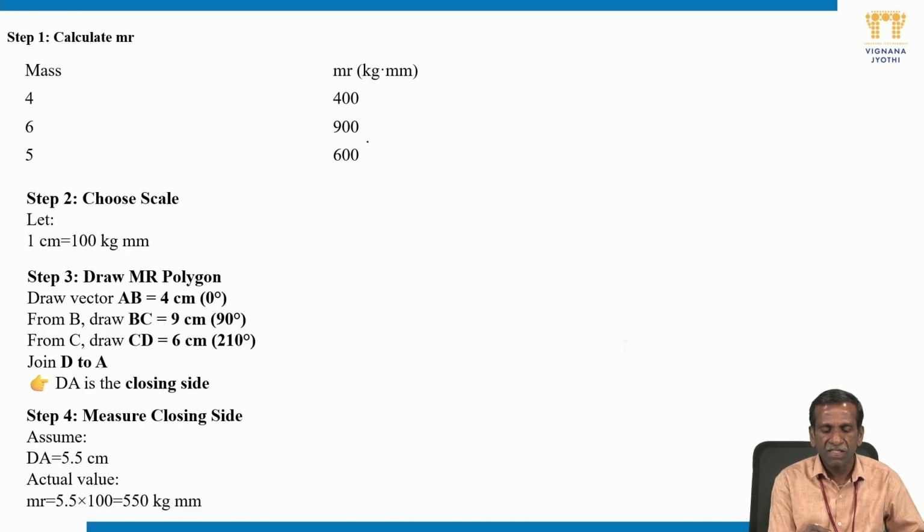The second mass 6 kg gives 900 kg mm, and the third mass gives 600 kg mm, the corresponding force of that mass. Then for the MR vector diagram, you choose a convenient scale. Here 1 centimeter equal to 100 kg mm is convenient for these MR values of the corresponding masses. Then for 400 kg mm, you have to draw a 4 centimeter line.